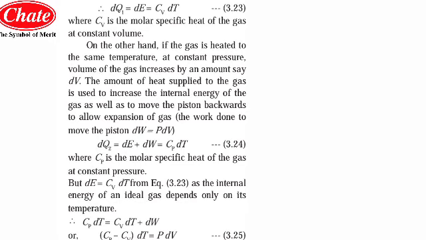Now since the volume of the gas is constant, no work is done in moving the piston. As you can see here, the small amount of heat dQ1 is equal to dE, that is the total internal energy increase, which will be equal to Cv dT, the product of the molar specific heat at constant volume Cv and the small temperature change dT.